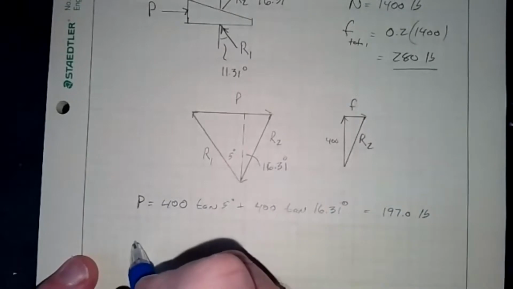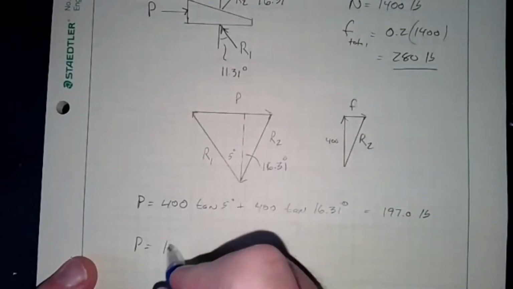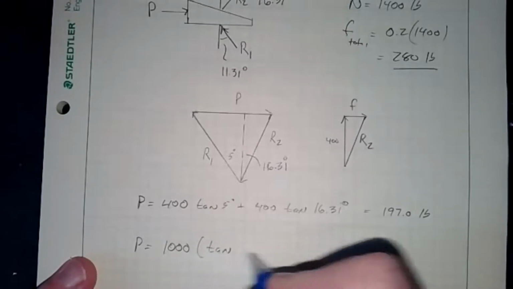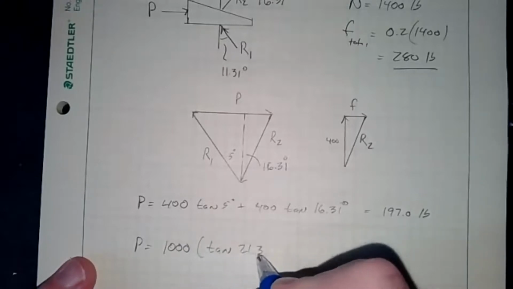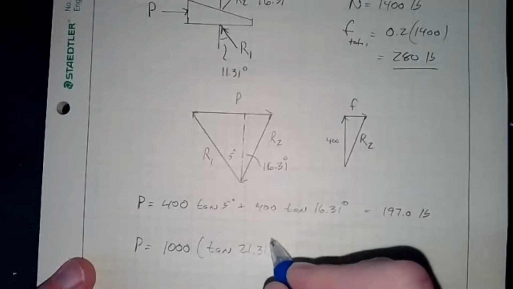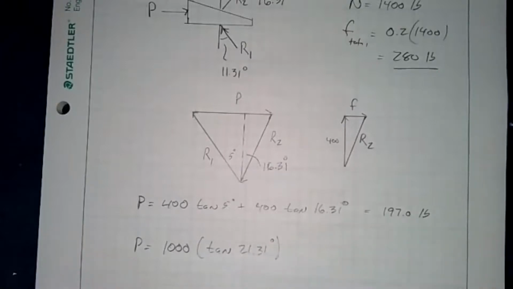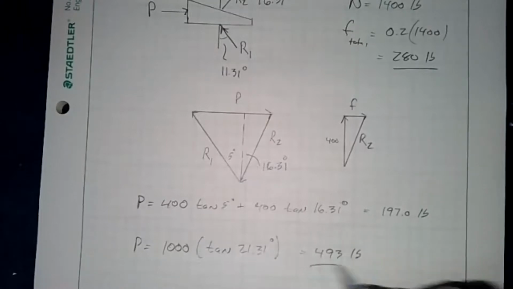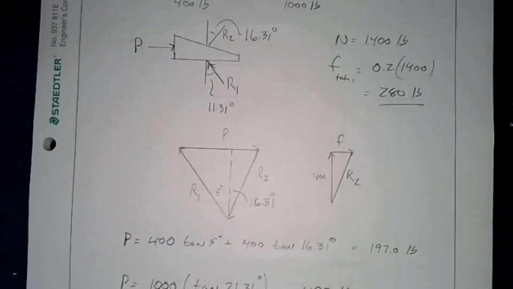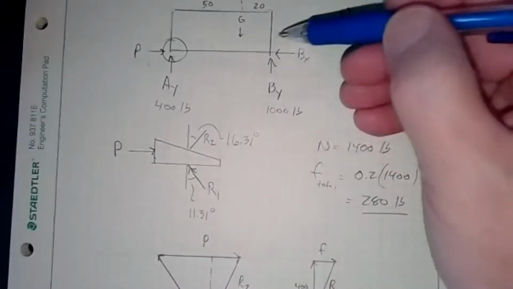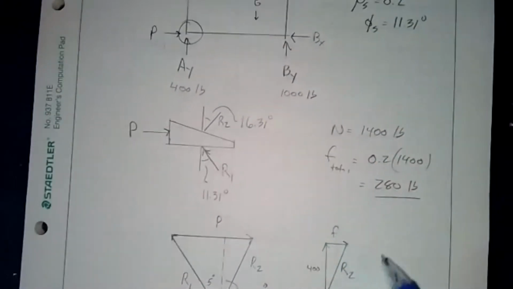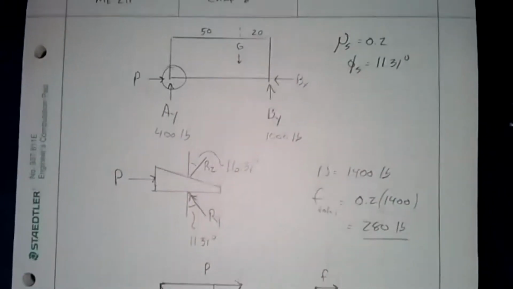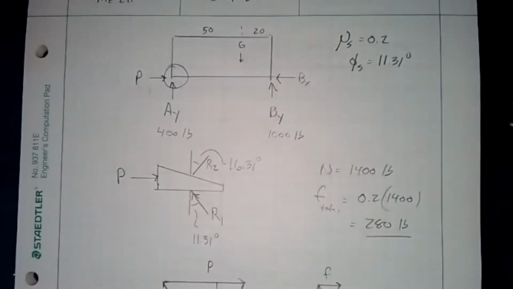So if you did P equals 1,000 times tangent of 21.31 degrees, then you would have got 493 pounds. That means it takes 493 pounds to drive the wedge under this end, and so it'd be too much and it would just slide. Okay. So I hope that wasn't too strange.